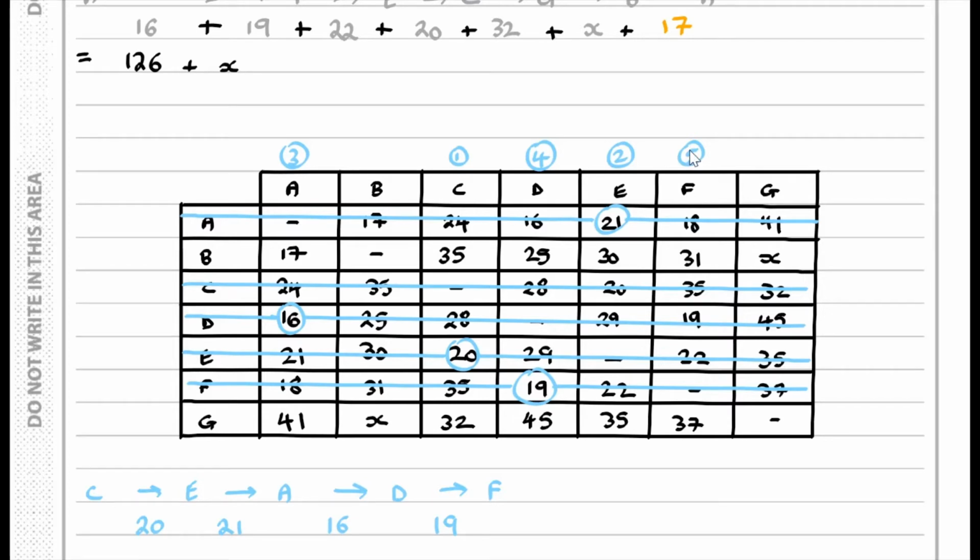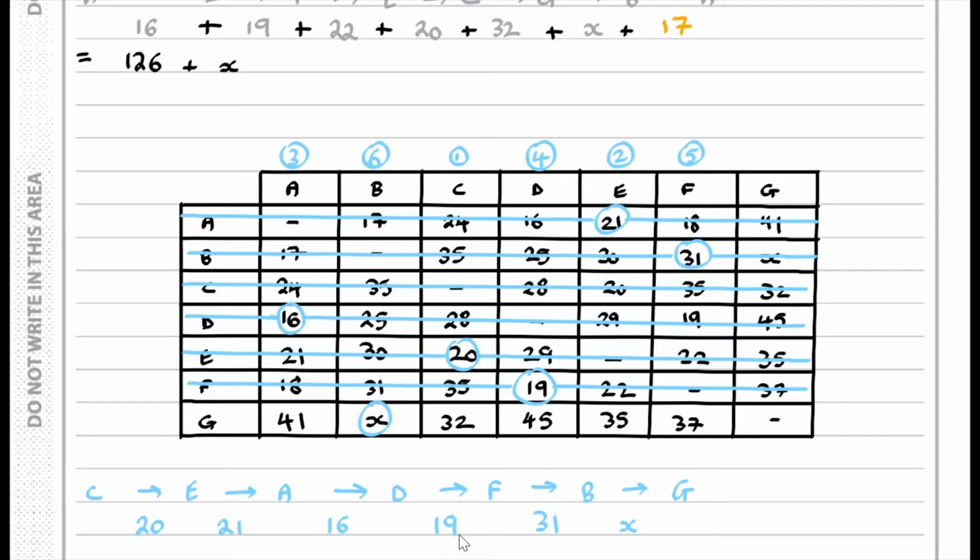Okay, we look down F, the smallest one is this 31, and that corresponds to going to B. So we have 31 over here, and then we delete this entire row and we label B with the number 6. Okay, and then from B we look down the next smallest one, that would just correspond to the X, which takes us to G.